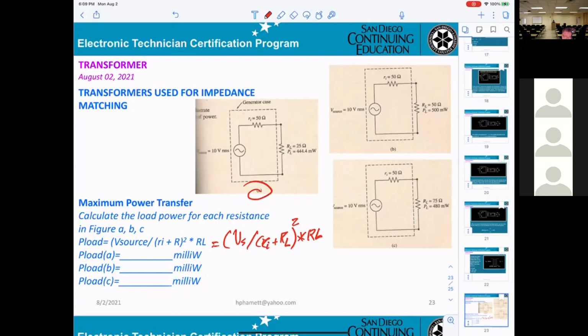RI is 50 and RL is 25, so that is 75. 75 squared, right, and then times 25. Oh yeah, times 25. I forgot to do it. Yeah, that's correct.